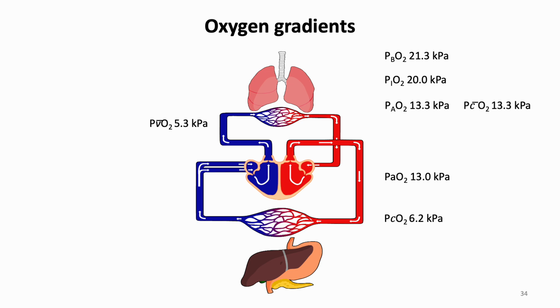Mixed venous blood has an oxygen tension of approximately 5.3 kilopascals in the healthy resting state.